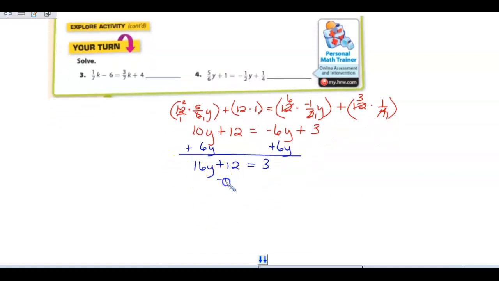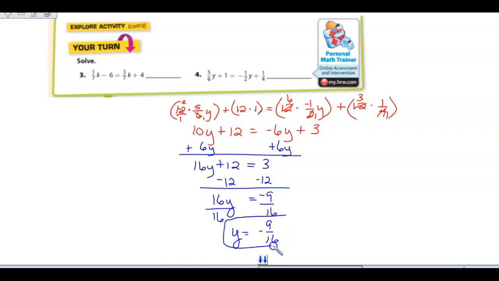Now I'm going to subtract 12 from both sides. And that's going to give me negative 9, equals 16y. Divide both sides by 16. Y is going to equal negative 9/16. I cannot simplify this, so that's going to be my solution.